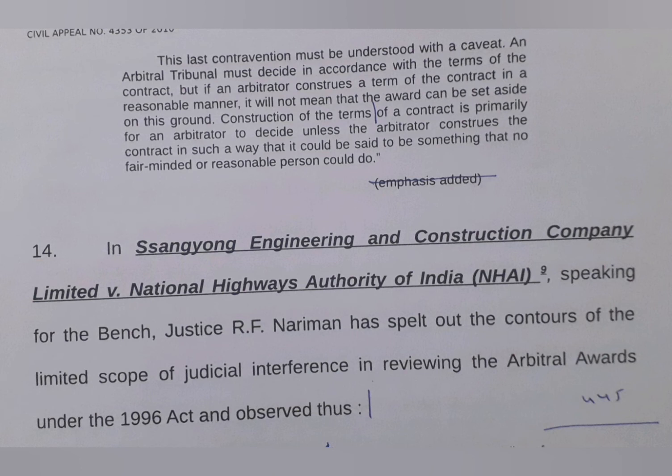Construction of the terms of a contract is primarily for an arbitrator to decide unless the arbitrator construes the contract in such a way that it could be said to be something that no fair-minded or reasonable person could do.